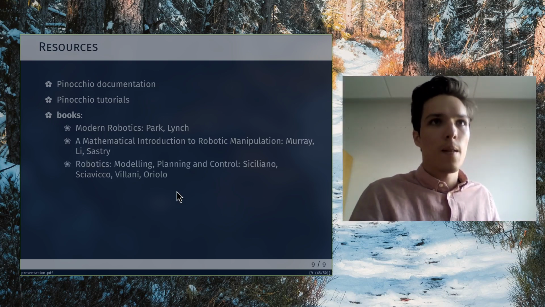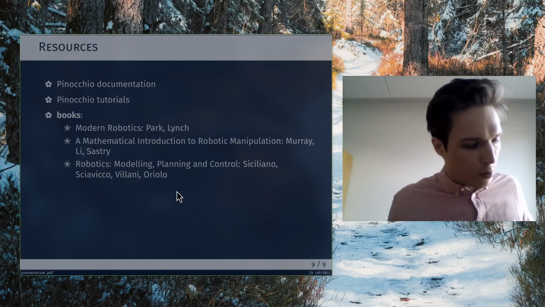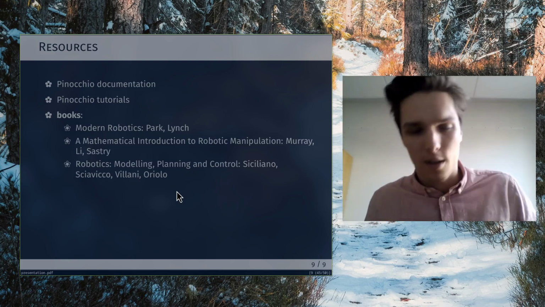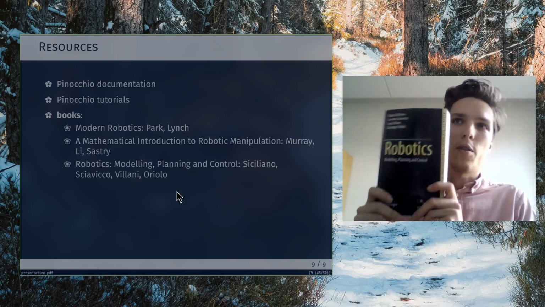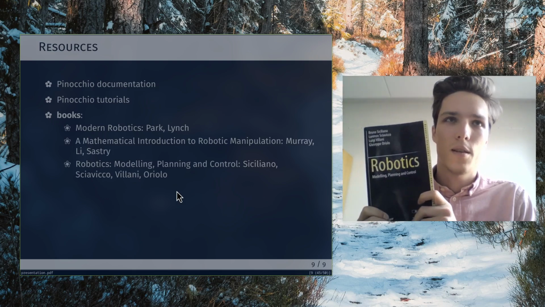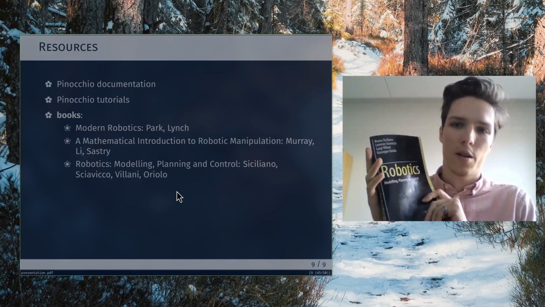Okay. Now, if you saw this short tutorial on Lie groups and you said, "Oh my God, I never ever want to think about this ever," then this is the book for you. Robotics: Modeling, Planning and Control by Bruno Siciliano and co-authors. This is the book with which I learned robotics.